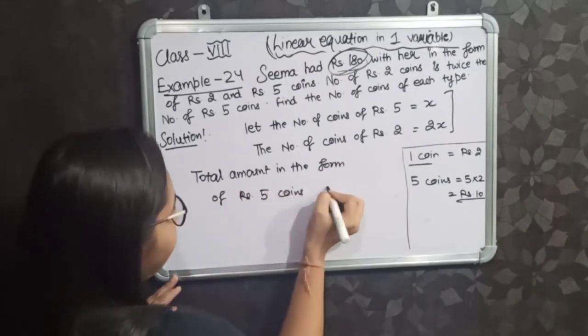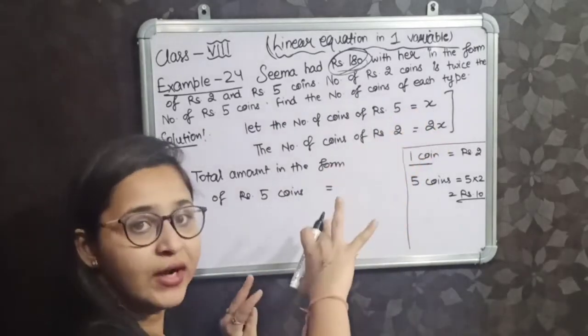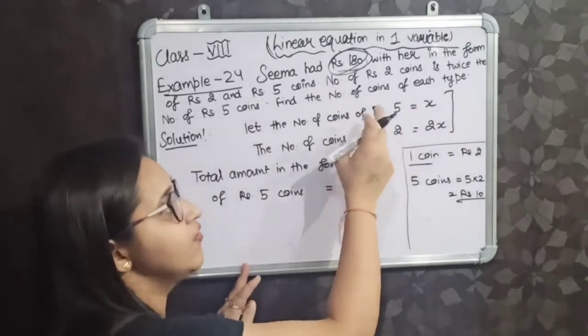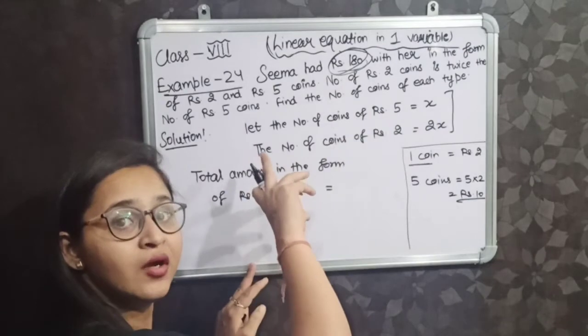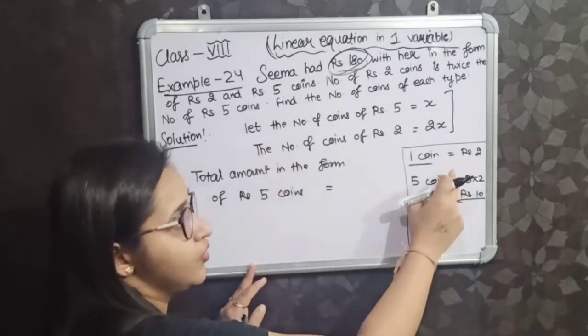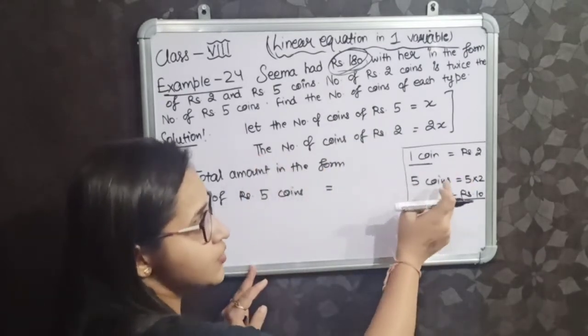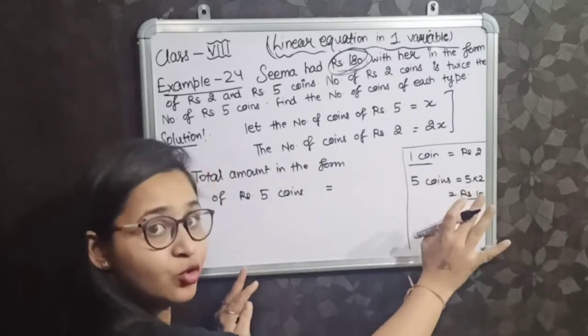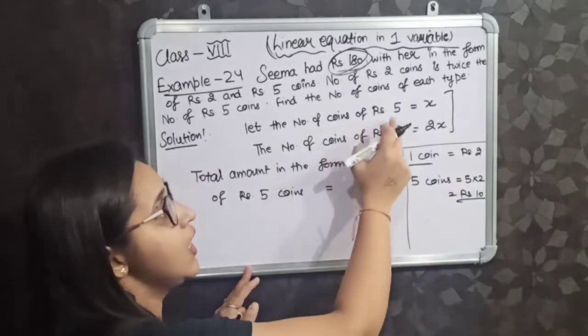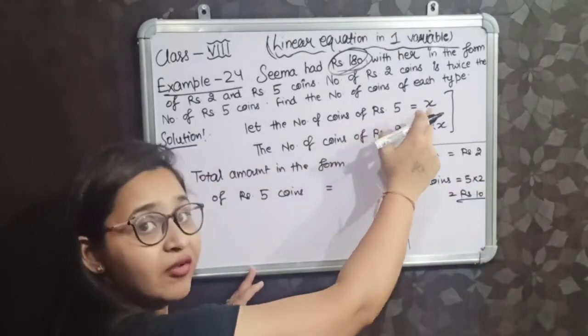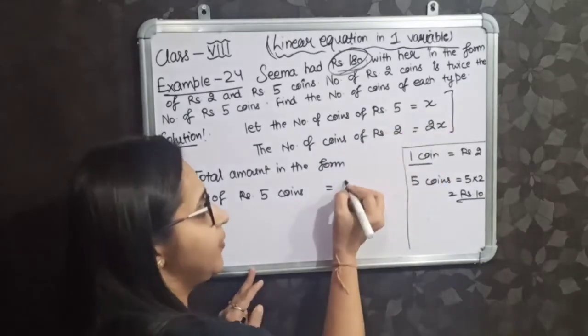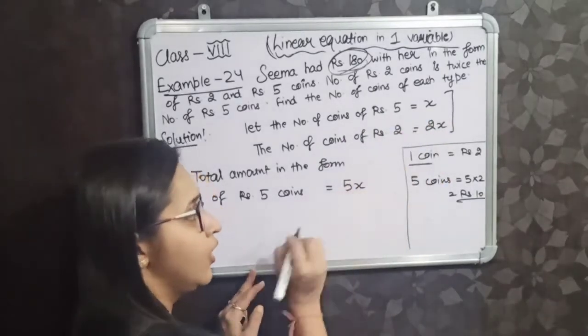If I have X coins of rupees 5, then what will the total amount be? You just multiplied 5 with 2. Same rule applies here. I will multiply this 5 with X. That will be my total amount.